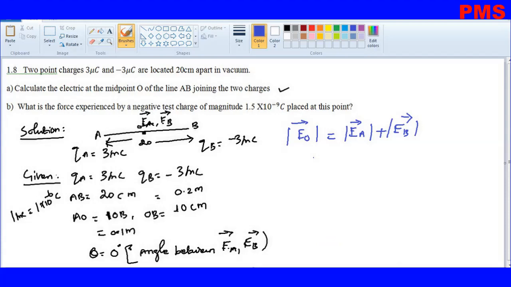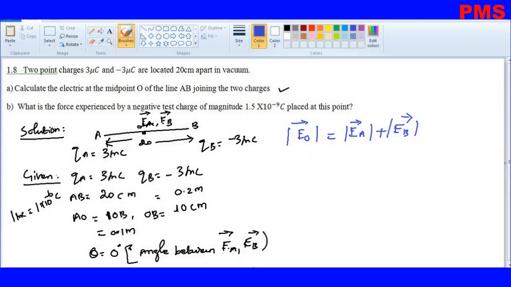So we know the electric field formula, and we can substitute it to find the electric field value. Two point charges, 3 microcoulomb and minus 3 microcoulomb, are located 20 centimeter apart.